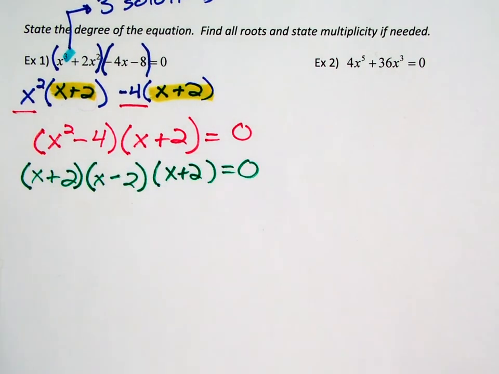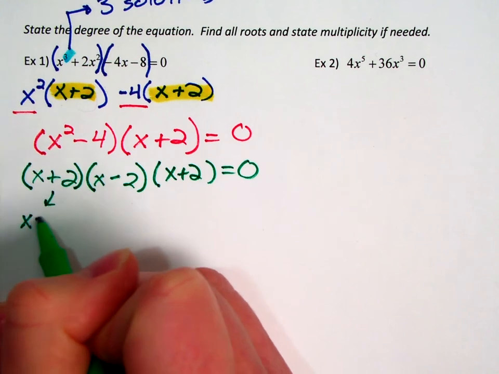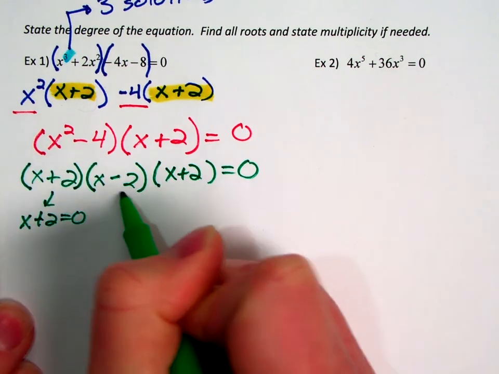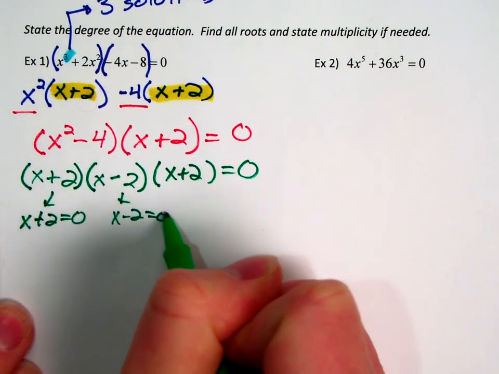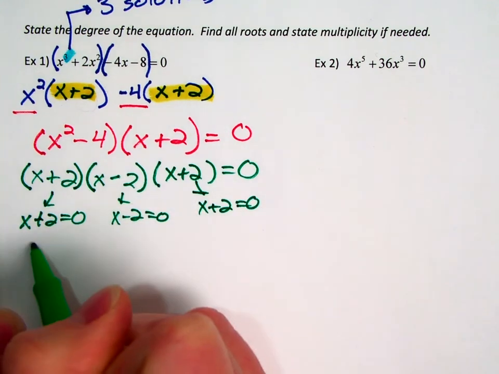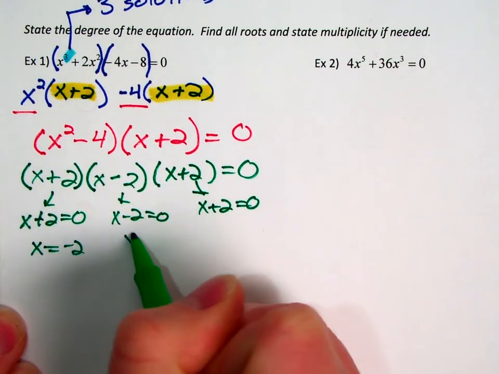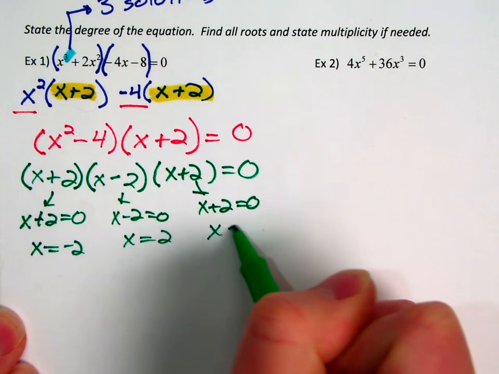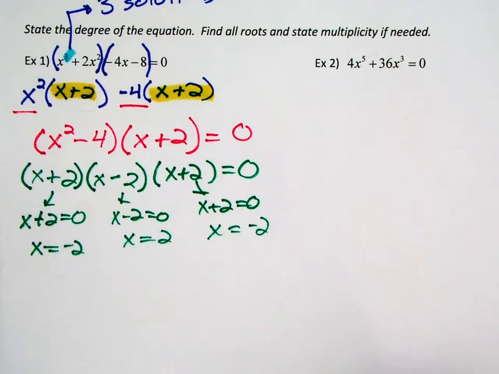And then we can go ahead and set each piece equal to 0 to find what our roots or our solutions actually are. Which means we have x equals negative 2, x equals 2, and again, x equals negative 2. So we go to talk about what our roots are or our solutions or our zeros, because they all mean the same thing.